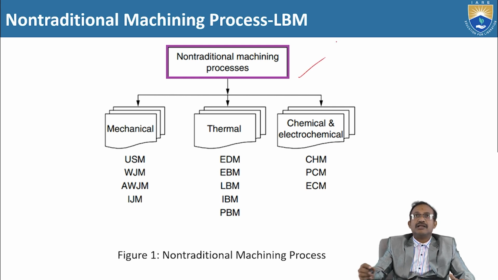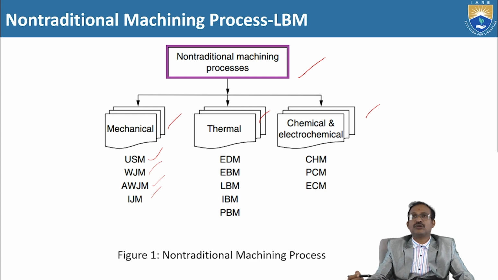In non-traditional machining processes, usually we have four broad categories: mechanical, thermal, chemical and electrochemical. Under mechanical, we have ultrasonic machining, water jet machining, abrasive water jet machining, ice jet machining.